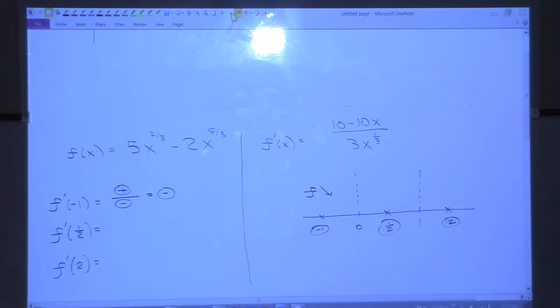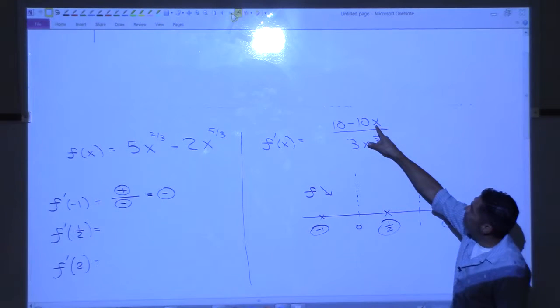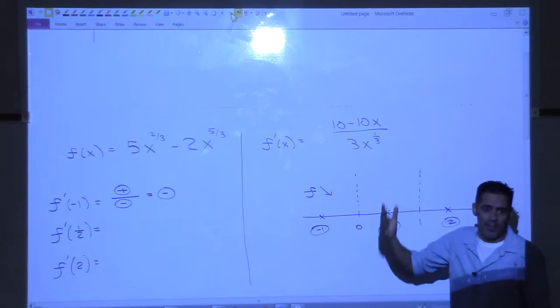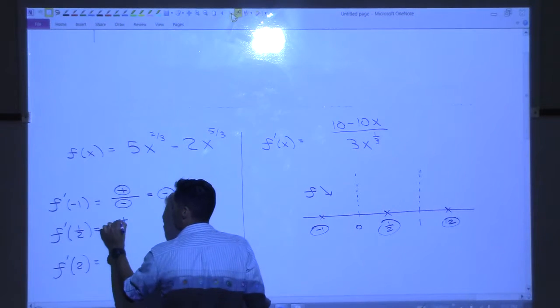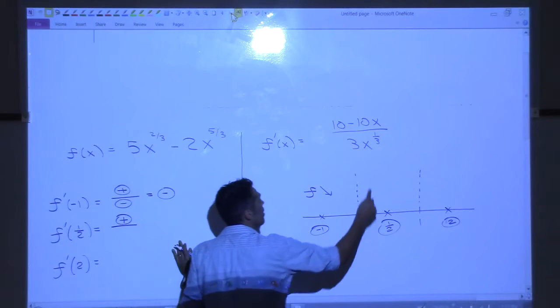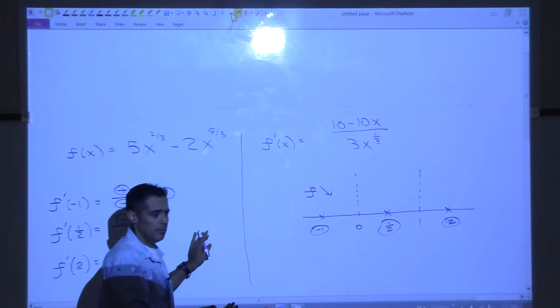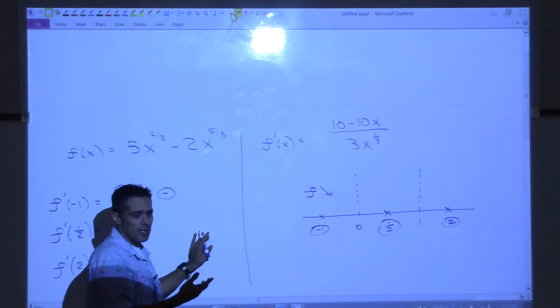All right, now we have to check 1/2. So let's plug 1/2 in here. If I do 1/2 of 10, that's 5. 10 minus 5 is going to be positive. And then the denominator, if I plug in 1/2 here, the cube root of 1/2 is a positive number still, right? And then times 3, it's still positive.